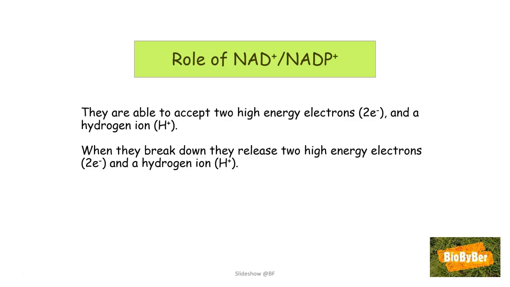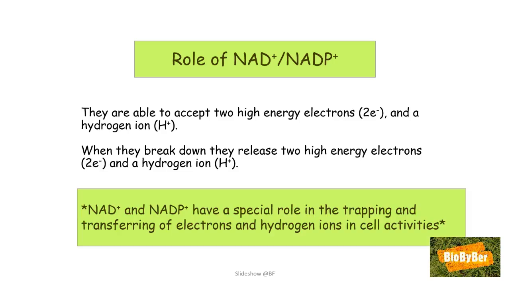They are able to release 2 electrons and a hydrogen ion. So in a nutshell, according to the syllabus, NAD plus and NADP plus have a special role in the trapping and transferring of electrons and hydrogen ions in cell activities. Let's have a closer look at this so that we can understand it a little bit more.